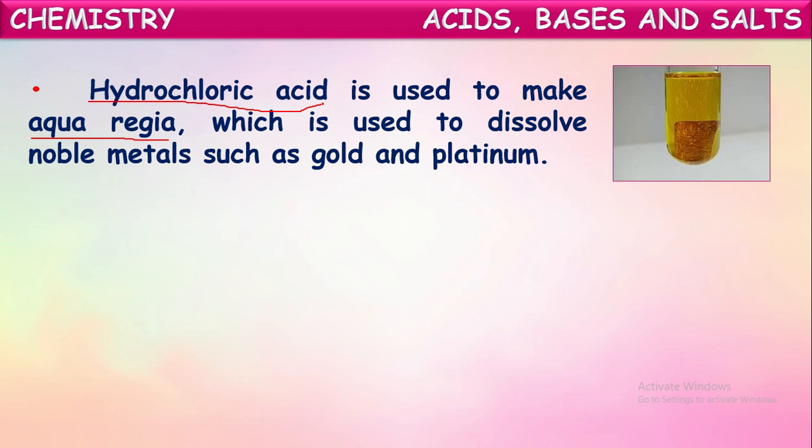Actually, they won't dissolve in any acids generally. These are called noble metals, the least reactive metals. Even these metals can be dissolved in aqua regia, which is prepared with hydrochloric acid and nitric acid.